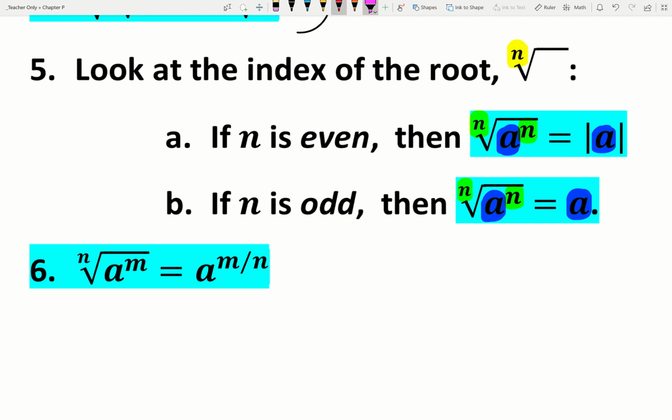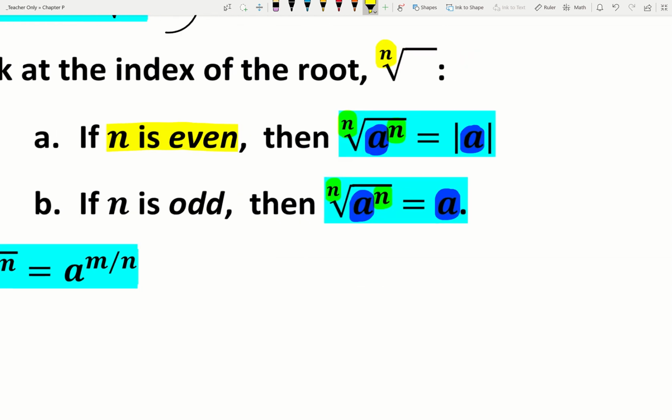But here's the thing. If that index number is even, we're going to have to be a little bit more careful, because a negative times a negative makes a positive. That is an even number of negatives, right? When I just recited that, that was 2 negatives that make a positive, and that's an even number. It would be the same way as if you multiplied 4 negatives together or 6 negatives together. These all make a positive because that's an even number of negatives.